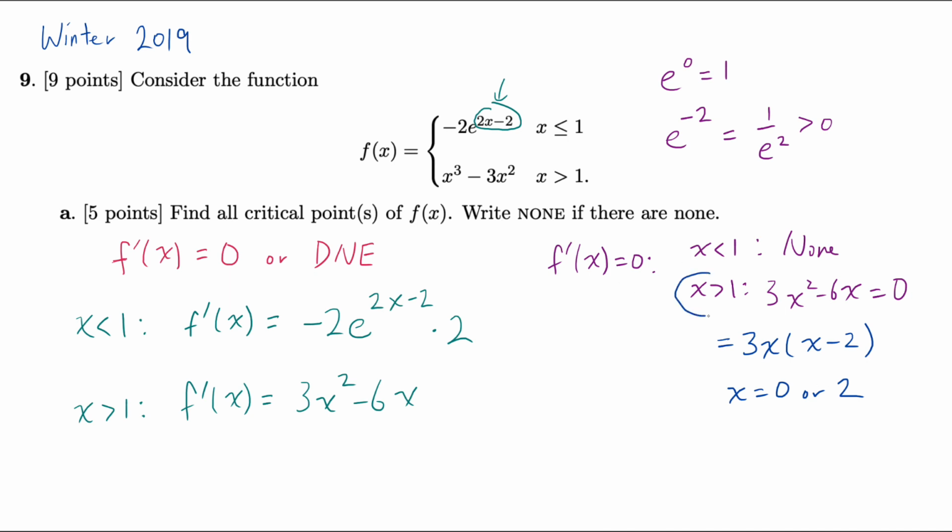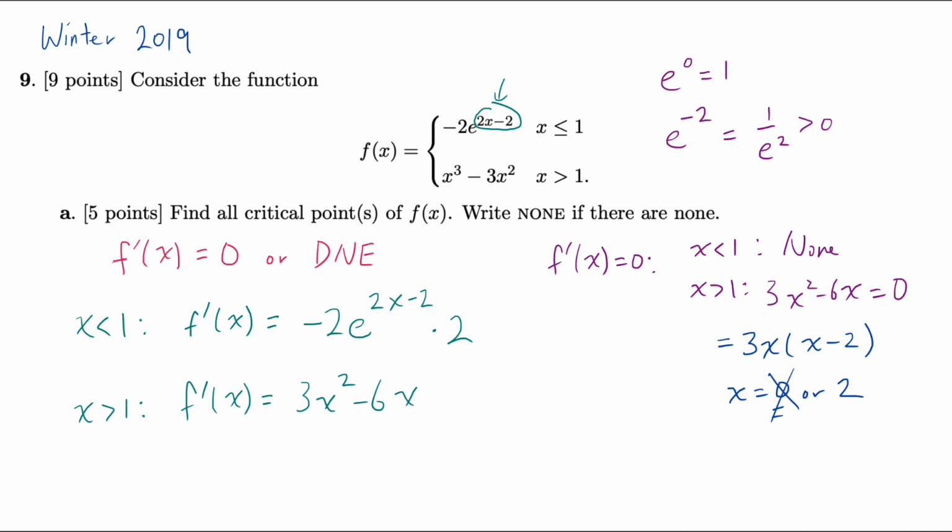We only care about things larger than 1 for 3x squared minus 6x being 0, right? Because we're differentiating this function. So everything we're doing here, when I'm differentiating this and setting it to 0, only applies when I'm dealing with x larger than 1. So since we got this extraneous x being 0, which is not larger than 1, we should discard it. So 0 does not count. So the only critical point we're really finding so far is 2.